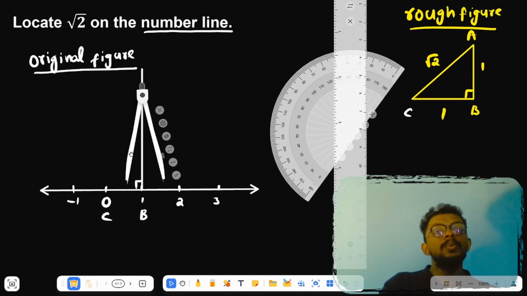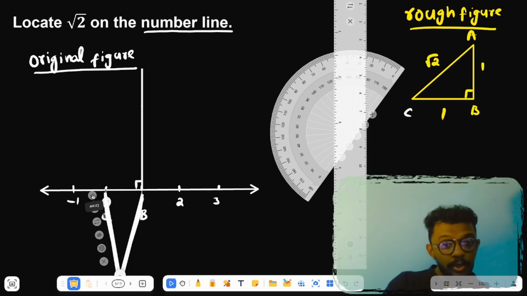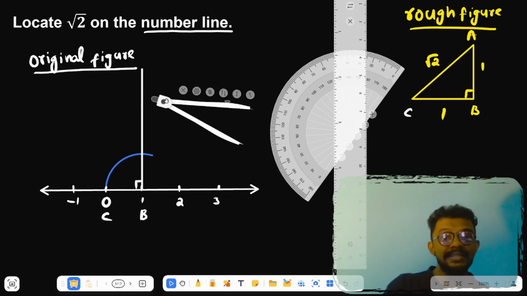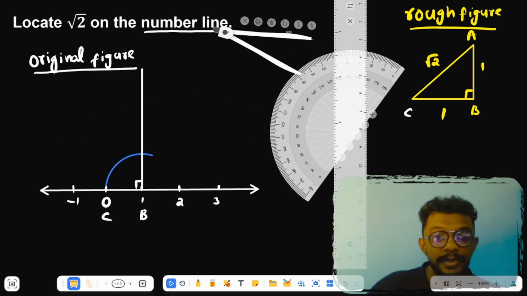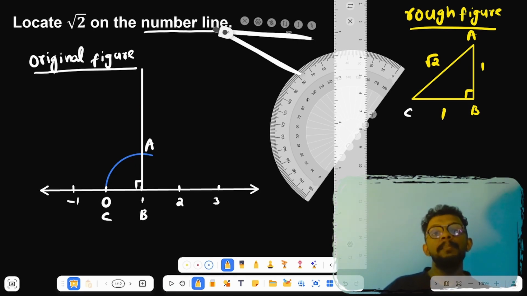Now that 1 unit, I will mark it from B so that I will get BA as 1 unit. It's time to draw. Yes, I got the same 1 unit upwards. If I got it, then that point is going to be A. Yes, this is A. So I got C, B, A.